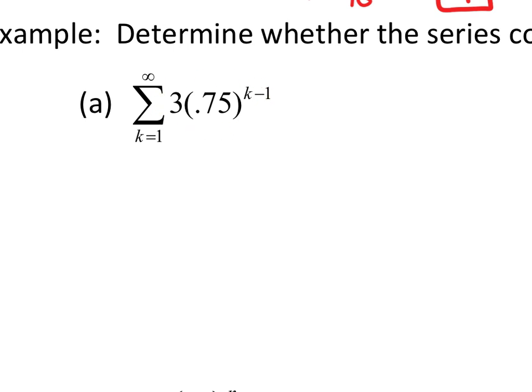Geometric is the one with the exponents, yeah. So this is a geometric sequence. And my common ratio in a geometric sequence is always found here in the parentheses. So this is geometric, where the common ratio is 0.75. If the common ratio is 0.75, does that mean it converges or diverges? Converges.